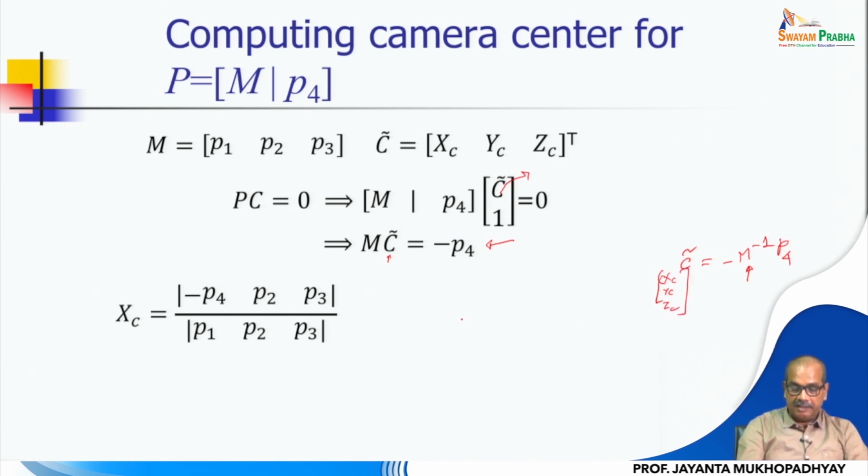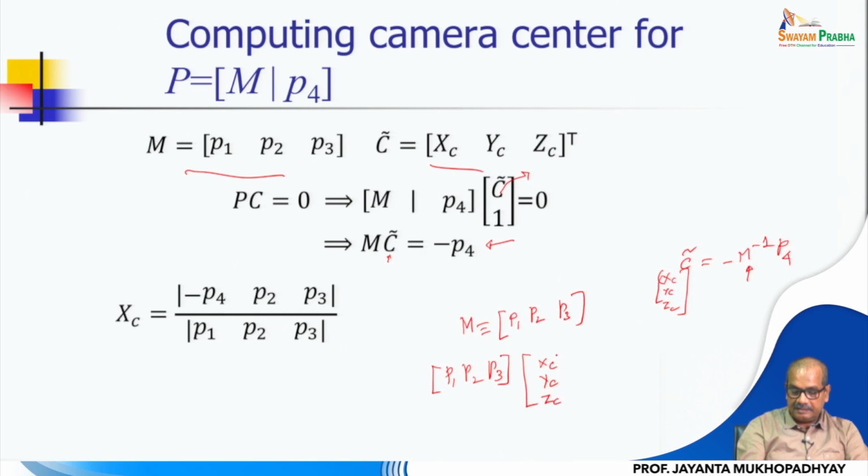So if I write this equation, M can be written in the form of P1, P2, P3, as shown here, and then the equation would be P1, P2, P3 times xc, yc, zc, which is equal to minus P4.